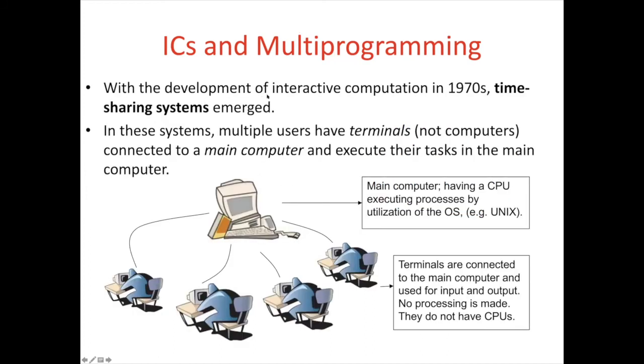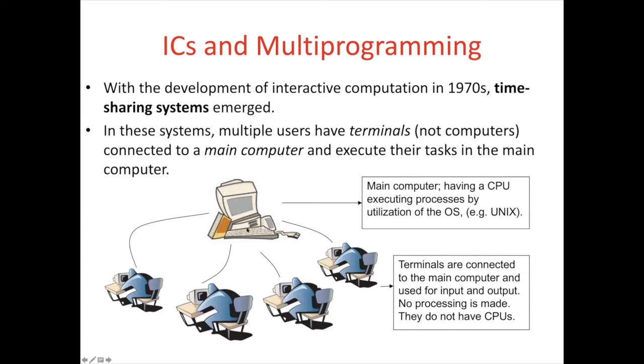With the development of interactive computation in the 1970s, time-sharing systems emerged. In these systems, multiple users have terminals. These are not computers. Terminals are connected to the main computer and execute their tasks in the main computer.